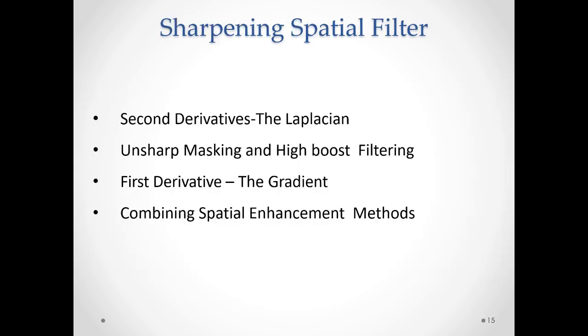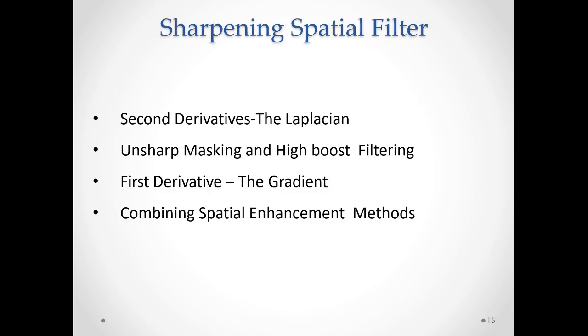Understand sharpening of spatial filters. The principal objective of sharpening is to highlight the finite details in an image or to enhance the detail that has been blurred either in error or as a natural effect of a particular method of image acquisition.